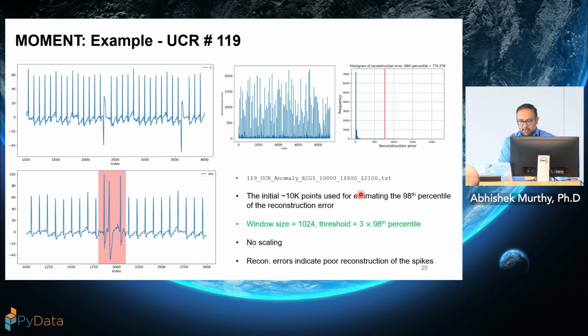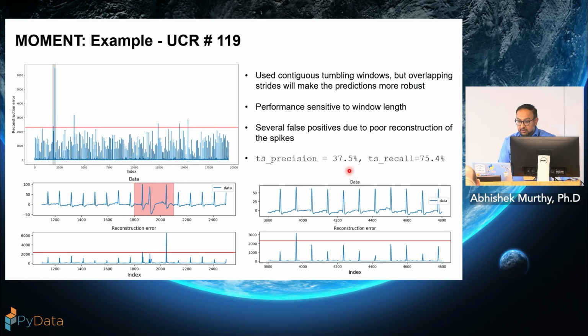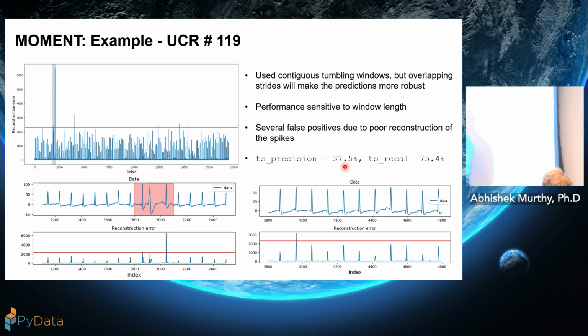Finally, the ECG dataset, again, I think the reconstruction errors are pretty bad around the spikes. Consequently, we get massive thresholds with this data. But still, it manages to do better, at least in a zero-shot sense, right? When you quickly pass in the data, these are the reconstruction errors on test data.